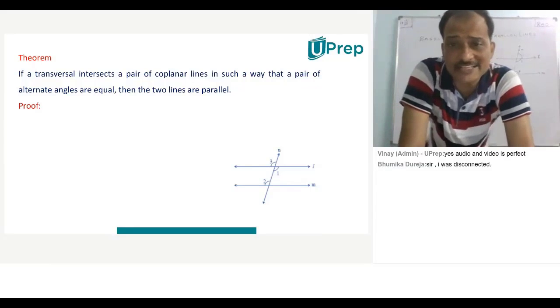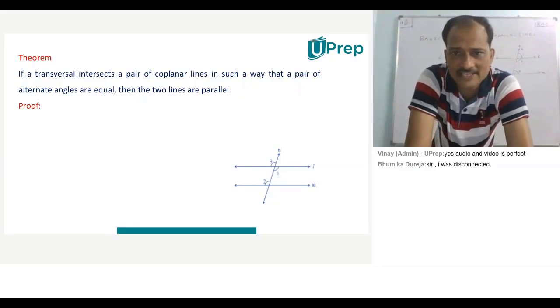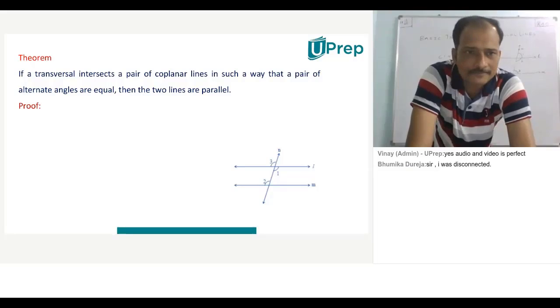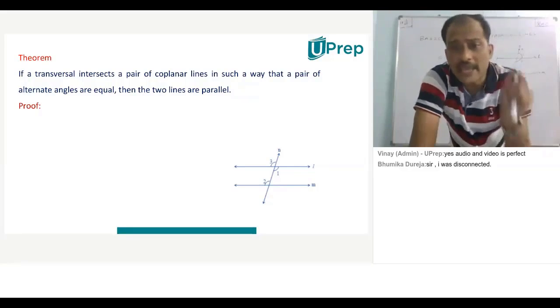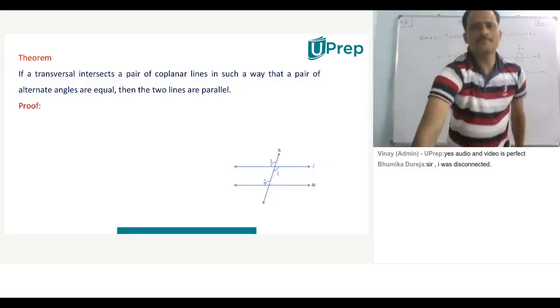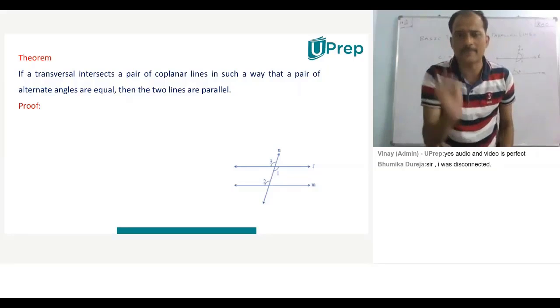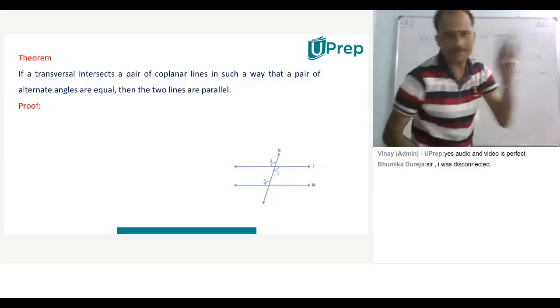If a transversal intersects two lines in such a way that a pair of alternate interior angles are equal, then the lines are parallel.